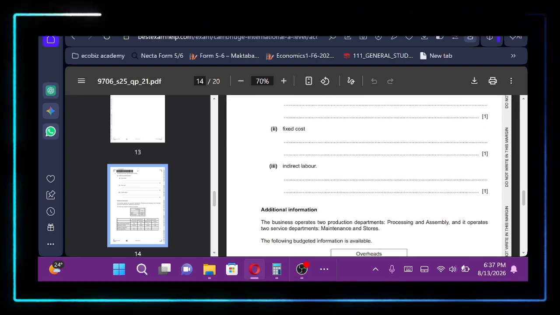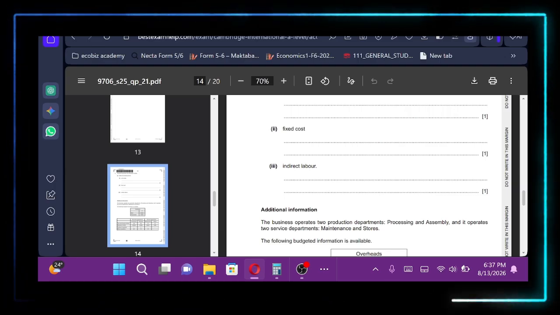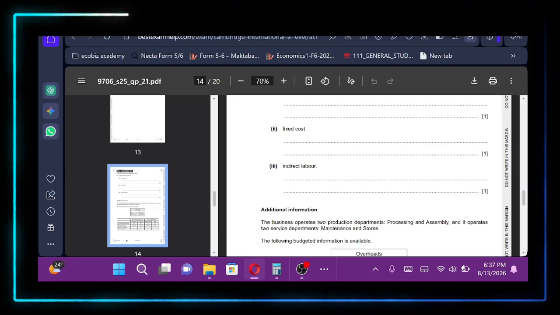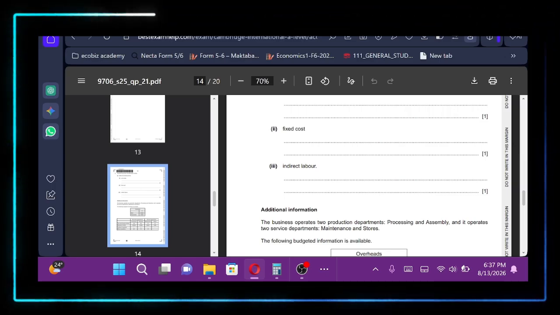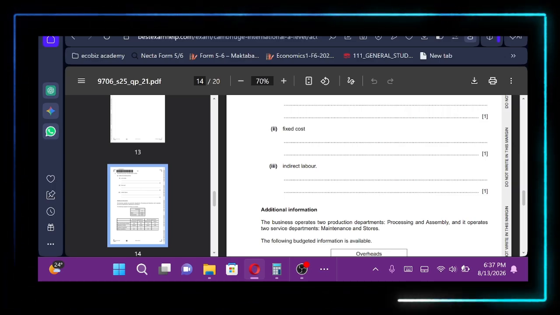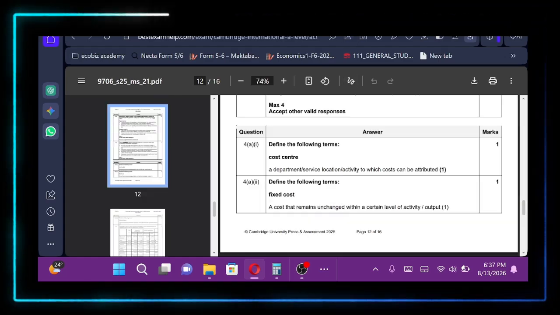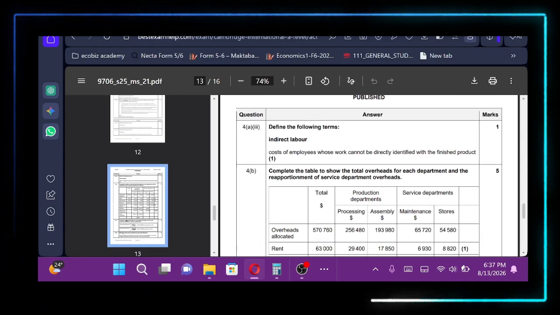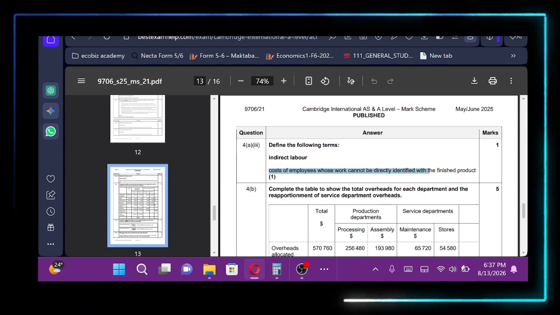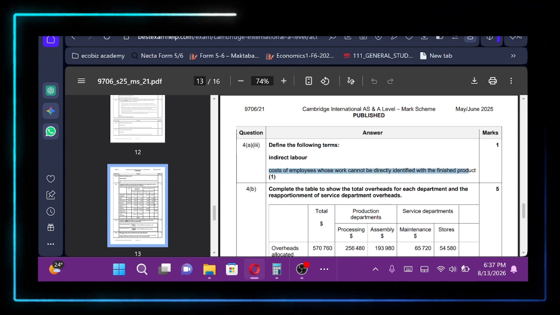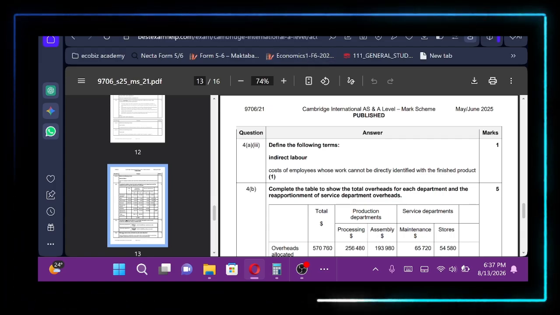Roman 3, indirect labor. Indirect labor is labor that does not directly affect the profitability of the business. Here it says the cost of employees whose work cannot be directly identified with the finished product.